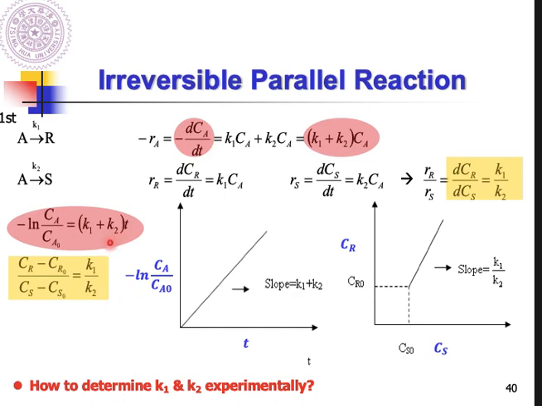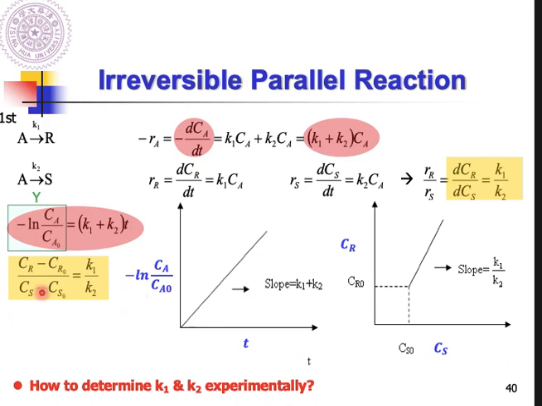Now we have two equations, so we try to input our data to get the values of K1 and K2. What I'm going to do here is plot minus log CA over CA0 as the y-axis, and t as the x-axis.